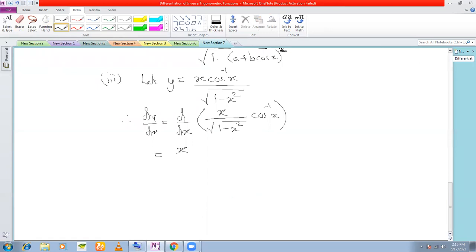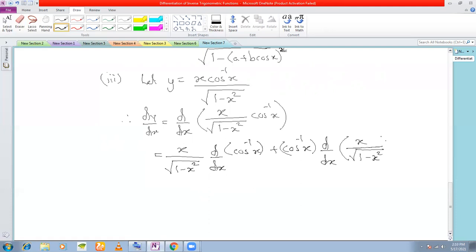So you get x by root 1 minus x square into d/dx of cos inverse x, plus cos inverse x into d/dx of x by root under 1 minus x square, which is equal to x by root 1 minus x square into d/dx cos inverse x, which is minus 1 by root under 1 minus x square, plus cos inverse x.